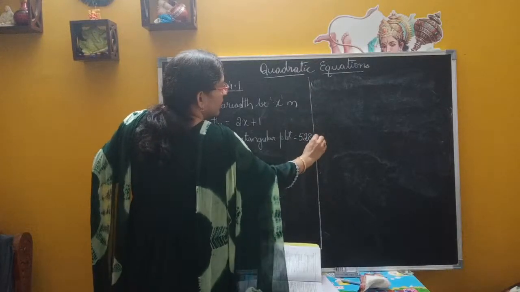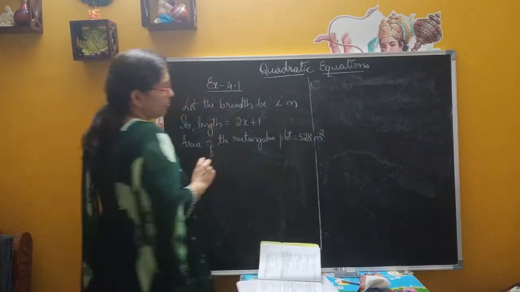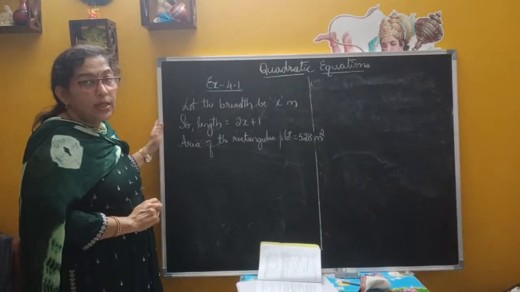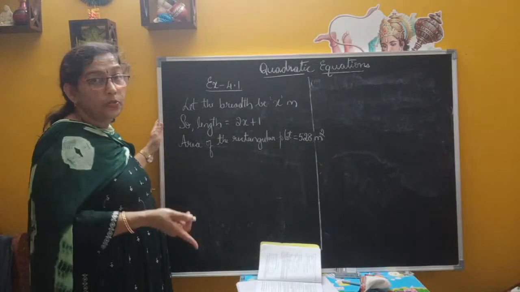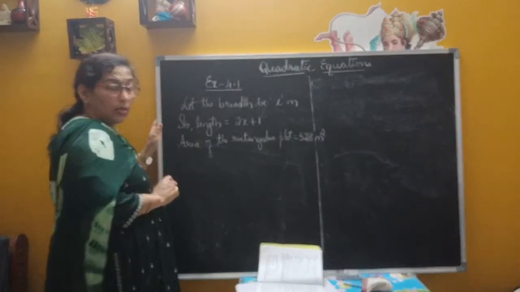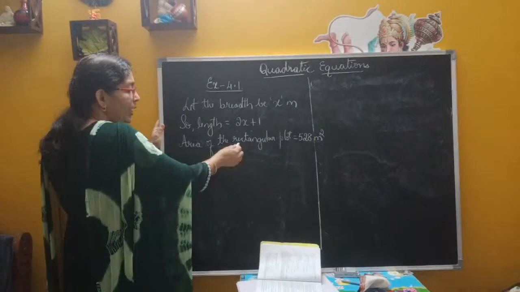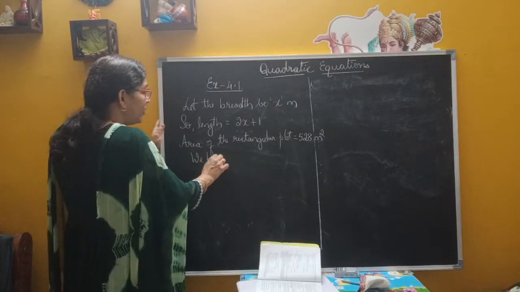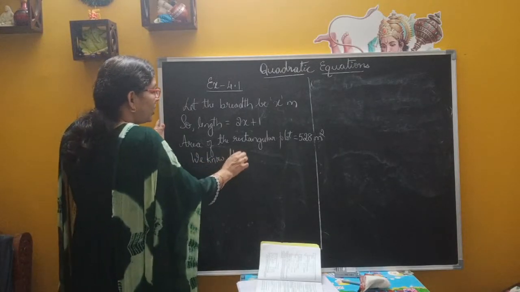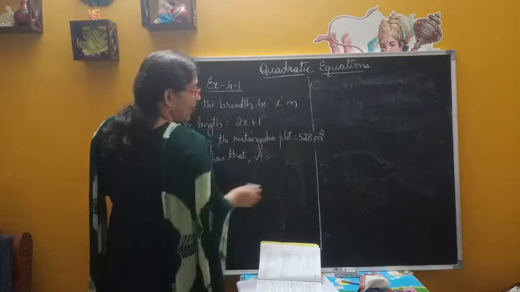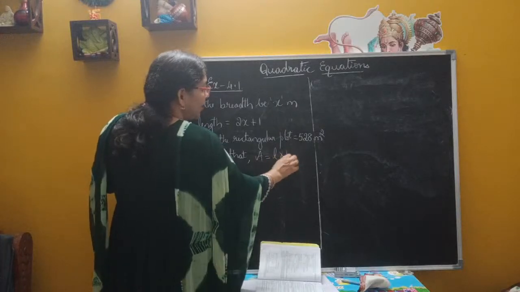Yes, you know the formula to find the area of the rectangle. That is length into breadth. How much is it? It is 528 meters square. So in short form we can write area of the rectangle A is equal to L into B. All of you know that, isn't it?